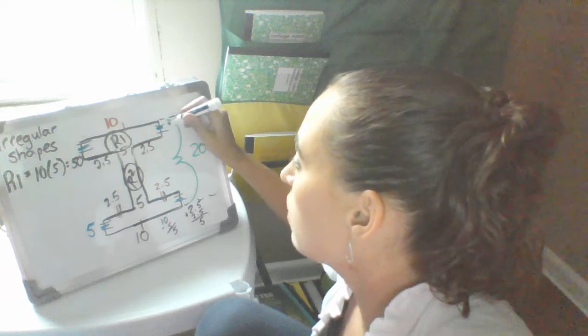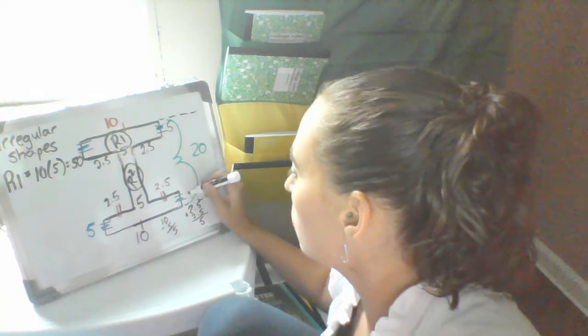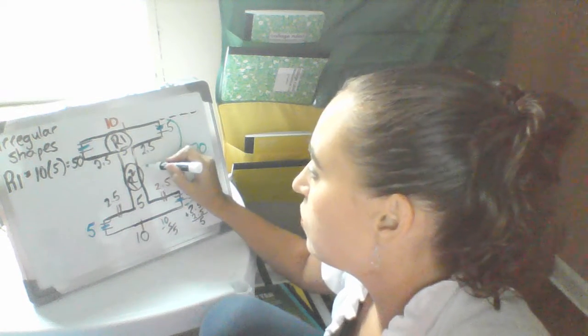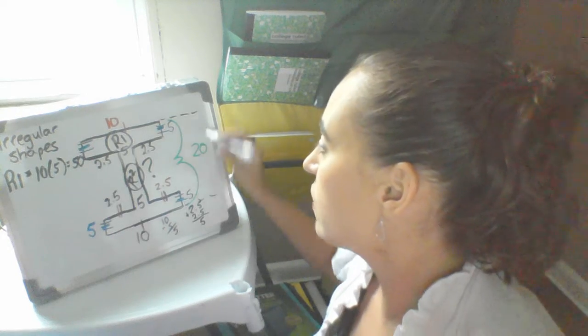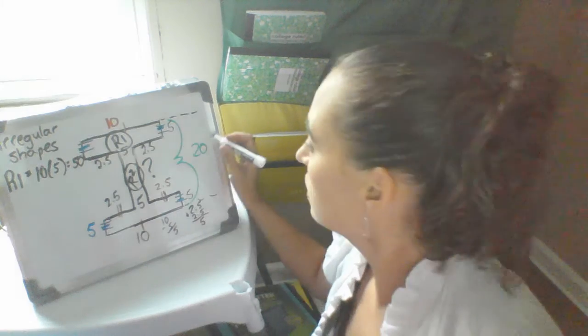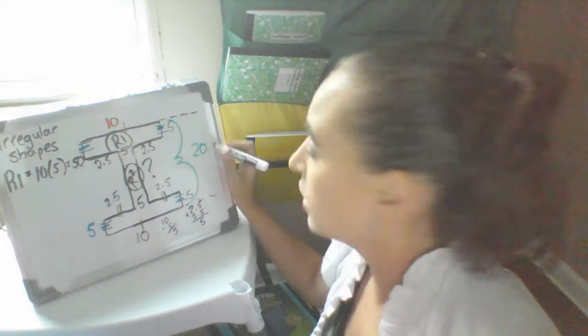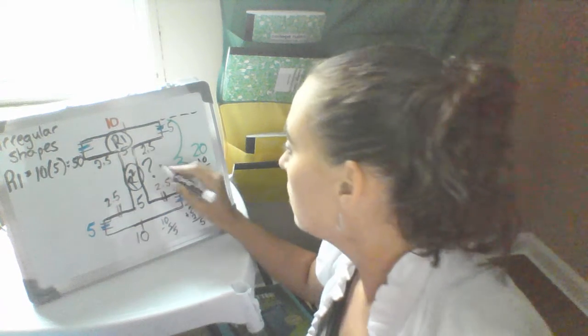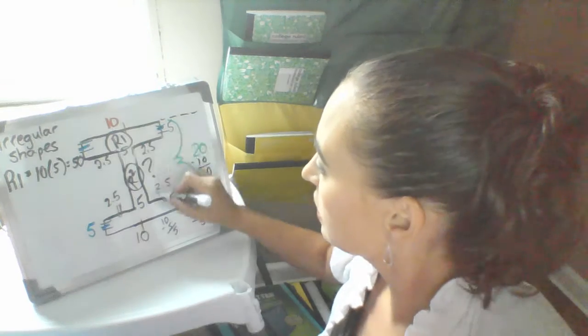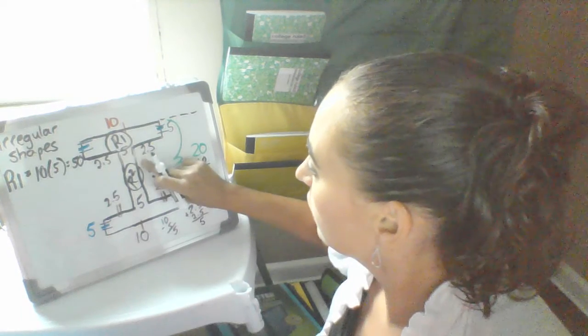Okay, we know this is 5 and we know this is 5. We have no idea what this is. How are we going to figure that out? So I'm going to do 5 plus 5 is 10. And I've got to take that away from 20. So 20 minus 10 is 10. So that means this has to be 10.